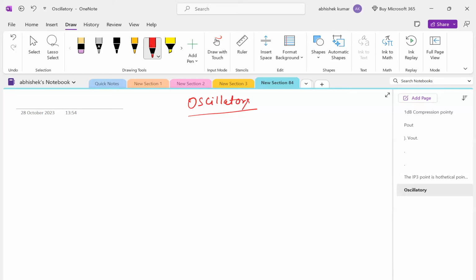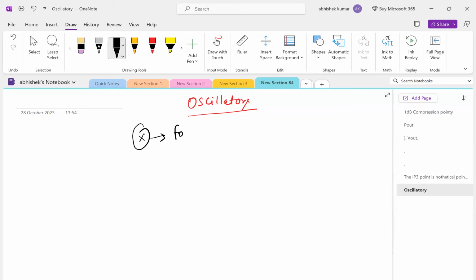We have two different types of oscillator. One oscillator gives you a fixed frequency. Suppose this is your oscillator, and it is giving you a fixed frequency, a fixed output. That is your oscillator.